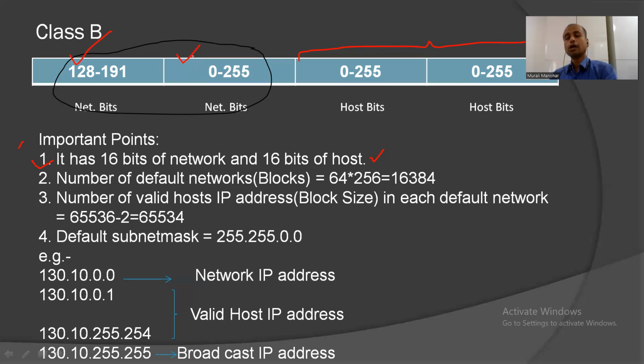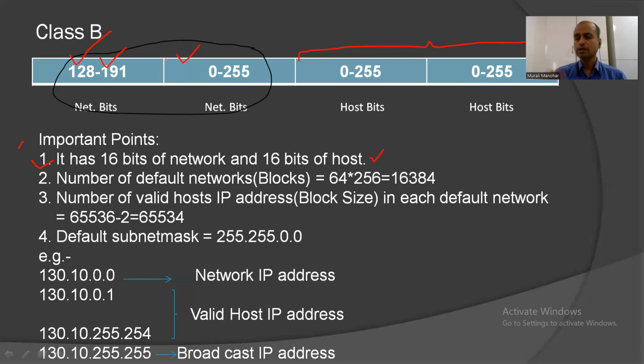The network part should be the same. For example, if I'm taking 128 from this group, 128 is the network part, and from the second group, we can take the very first value, 0. Means 128.0 will represent a network.